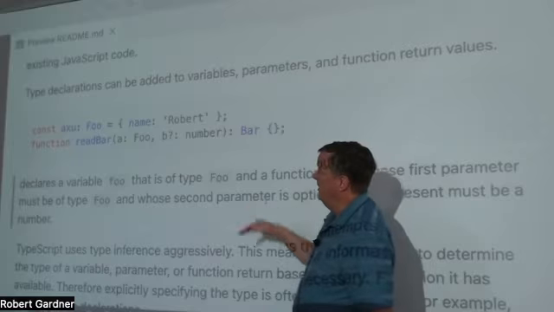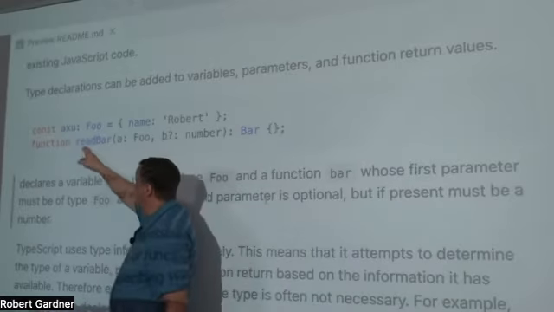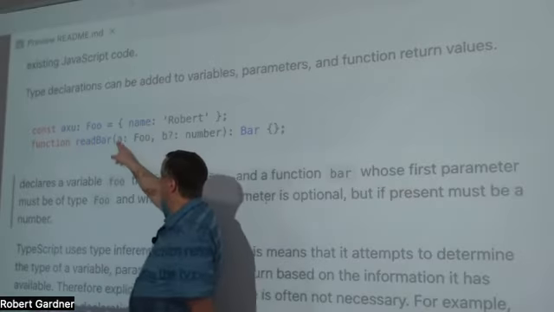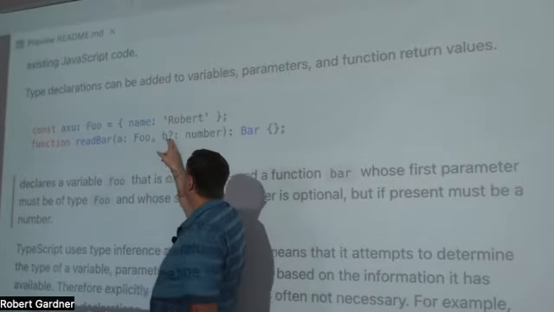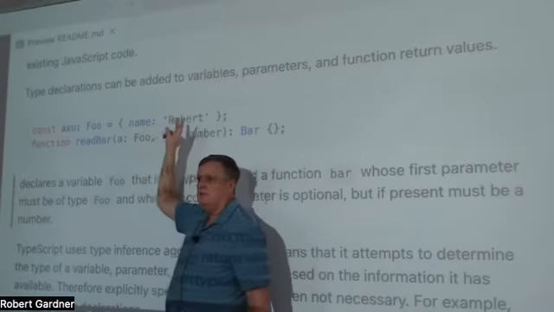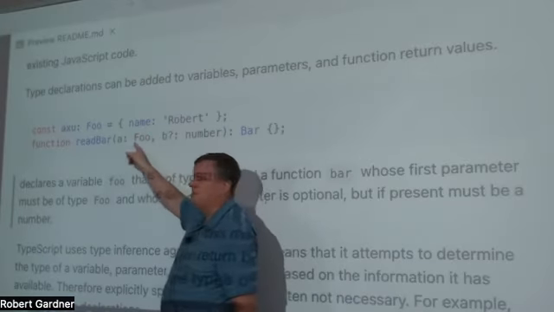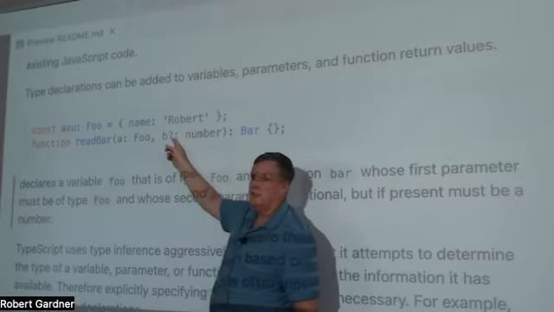And then on functions, again, just the normal function syntax. Here's my parameter A. I again use the colon. A colon foo, B colon number. So this says that read bar takes 2 parameters. The first one has to be of type foo. The second one has to be of type number, and the question mark says it's optional.